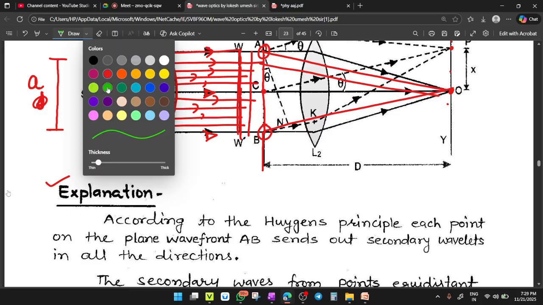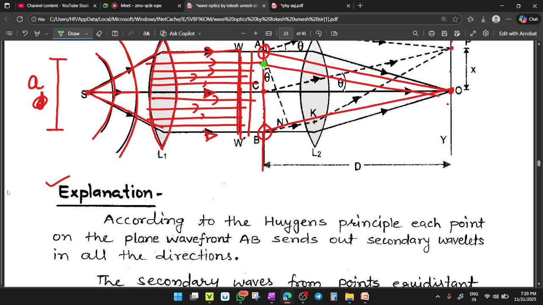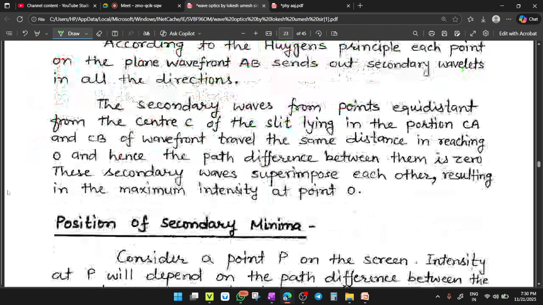If you're talking about this point A, just below A there is some point that is above B. Consider this point A dash, and this equals B dash. Again, the wavelets have to travel the same distance to reach point O, which means again the path difference equals 0. So all these points together, the wavelets emitted from here will form a central bright. Yes or no? Because they interfere constructively.